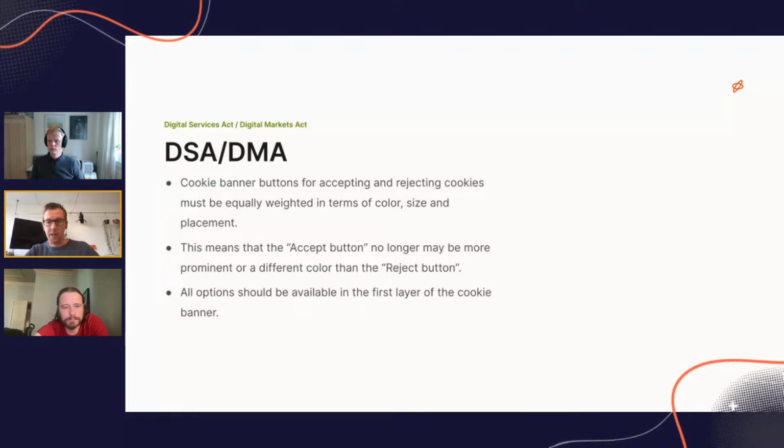So what the DSA tells us, it says cookie banner buttons for accepting and rejecting cookies must be equally weighted in terms of color, size, and placement. And this means that the accept button no longer may be more prominent or a different color than the reject button, and all options should be available in the first layer of the cookie banner.